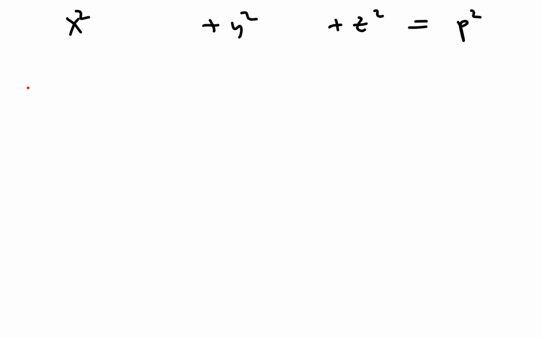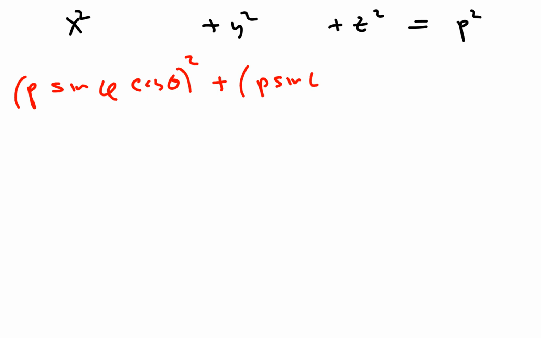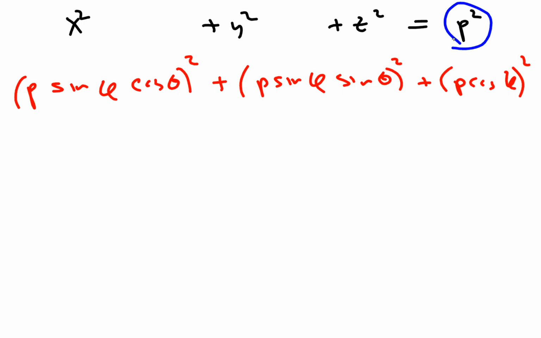So this is going to be (rho sine phi cosine theta) squared plus (rho sine phi sine theta) squared plus (rho cosine phi) squared. Okay, and supposedly this whole thing that we wrote in red here should turn out to be rho squared when we're done. So it'll be neat to see if that actually happens.